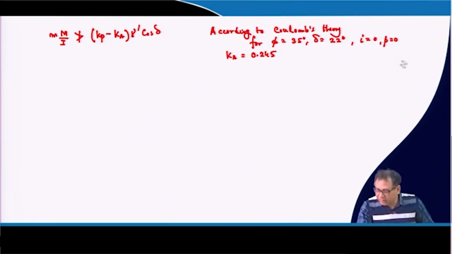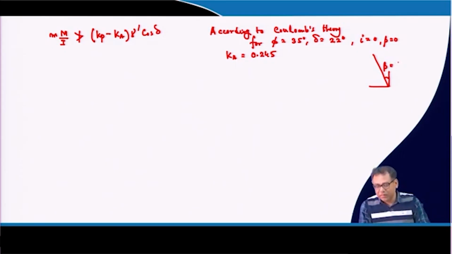This is the vertical face. I am talking about this beta, for a wall. So, this beta is now 0, because the side wall is perfectly vertical.